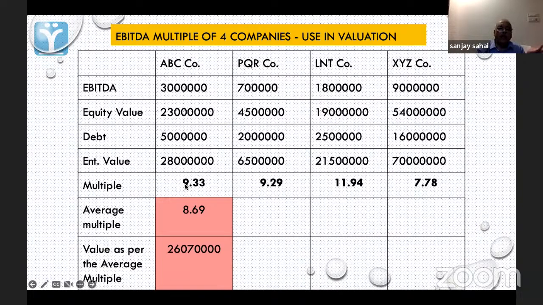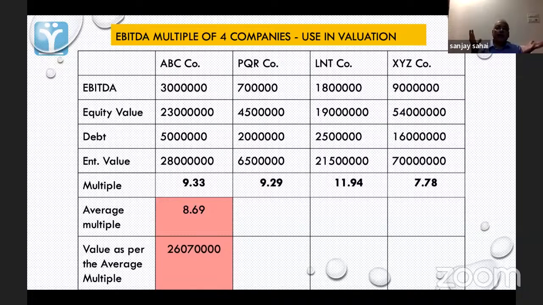So what I do here is, I find out the multiples of each of these companies. My company, if you remember, had a multiple of 10.17. Now here, I am taking an average multiple, and I find that the average multiple is actually 8.69.